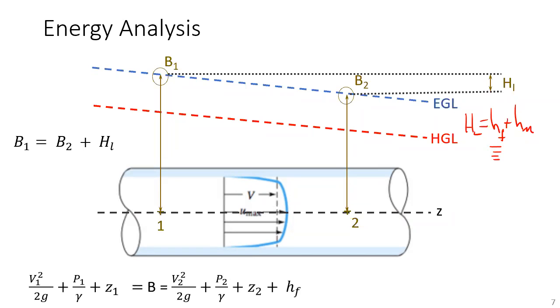When we set up the energy balance between point 1 and point 2, the difference between those two, again, is the friction loss. And within this one equation are the three types of problems: calculate h sub f, calculate the discharge, which in essence is saying calculate the velocity, or calculate the pipe size, the diameter.